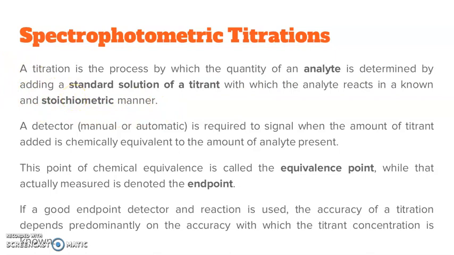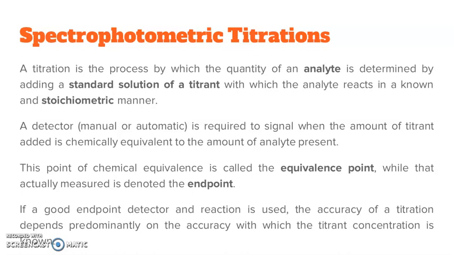So the titration is nothing but any analyte of unknown concentration, whose concentration is to be determined, being titrated with a titrant which is of a known strength, or we call it a standard solution. That standard solution, which is a titrant, reacts with the analyte in a stoichiometric manner, and what we determine is the end point.